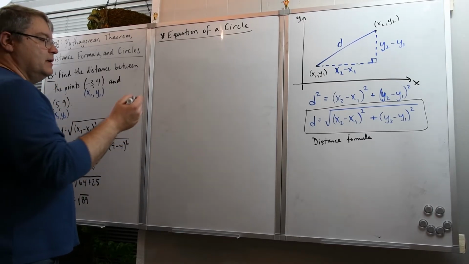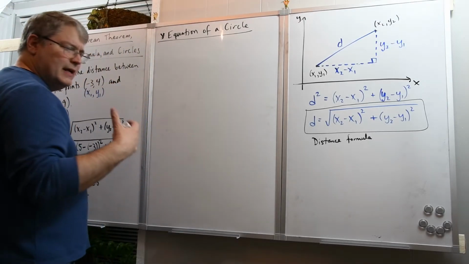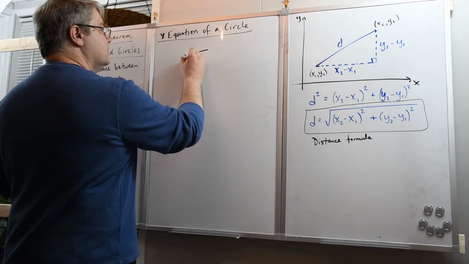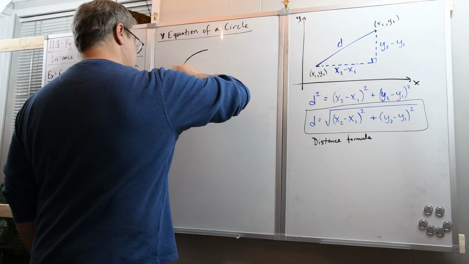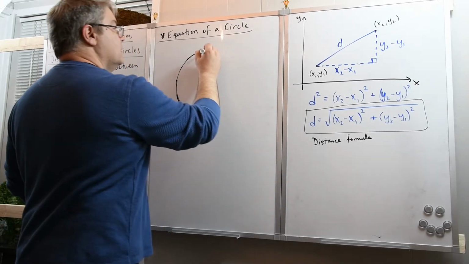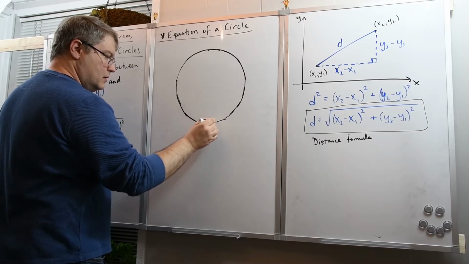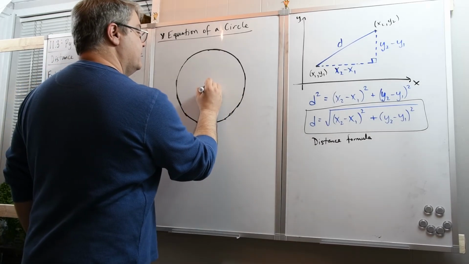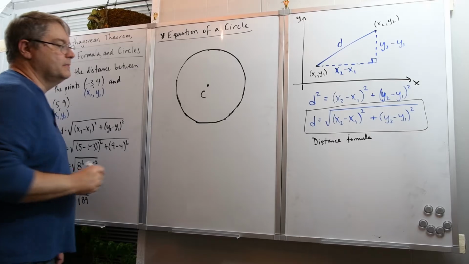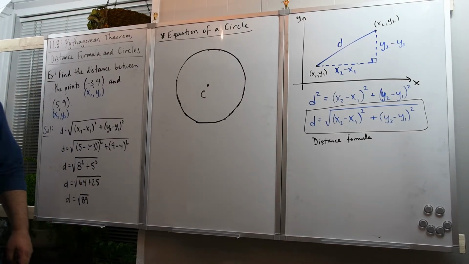So when we think about how to get the equation for a circle, well, let's start to draw this. And we'll have our center here. And we're going to assign some coordinates to that center.